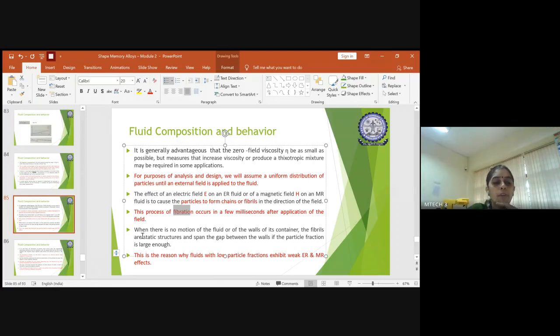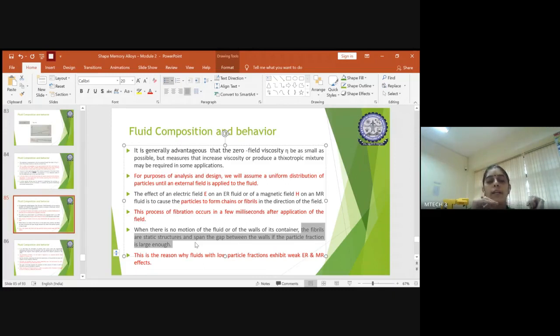And the next concept you have to understand is, when there is no motion of the fluid or the walls of its container, the fibrils are static structures and span the gap between the walls if the particle fraction is large enough. So when there is no motion, the fluid is not subjected to the external pressure.